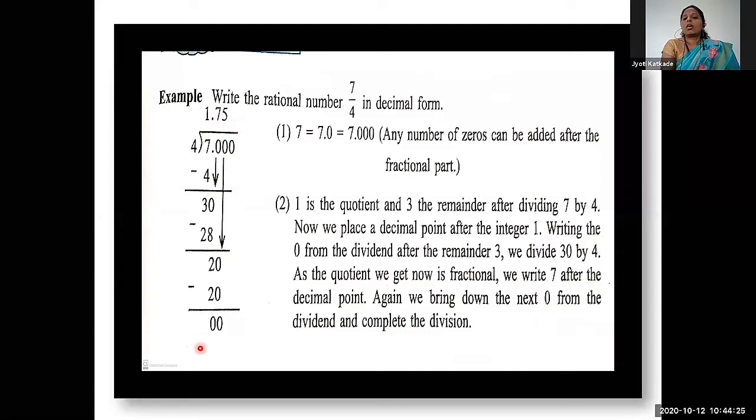Now do all of you understand this type, students? Have you any question regarding this? Okay, all of you understand. See the next question.